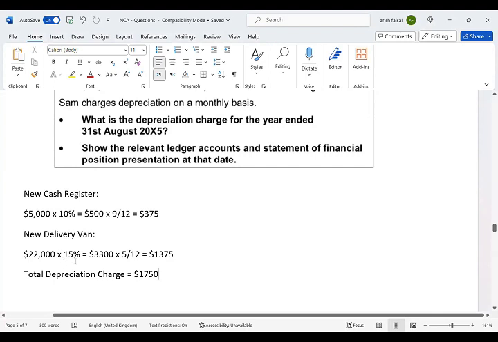And likewise for the new delivery van, if that would have also been purchased on 1st of September 2014, then you would have charged 3,300 depreciation for the entire year. But in this case, because they have been purchased for 9 months in case of the new cash register and for 5 months for the new delivery van, the depreciation charge has been prorated, and hence the total depreciation charge now stands at 1,750.